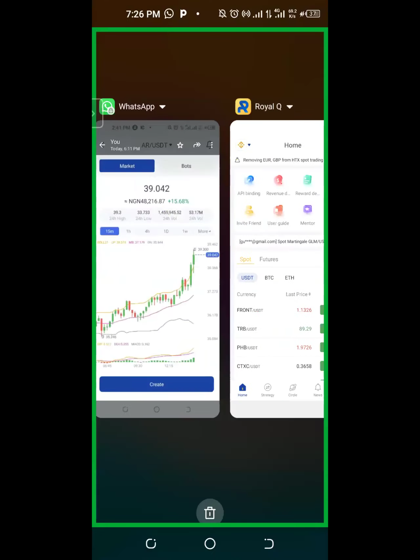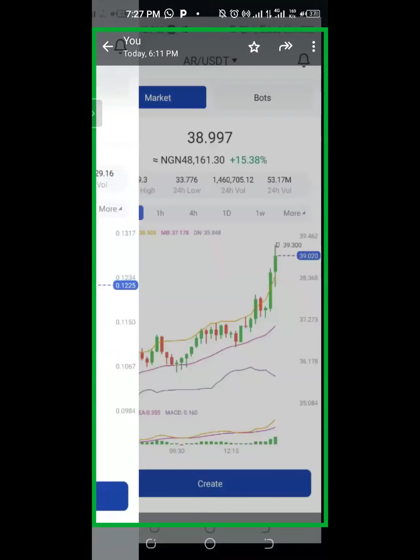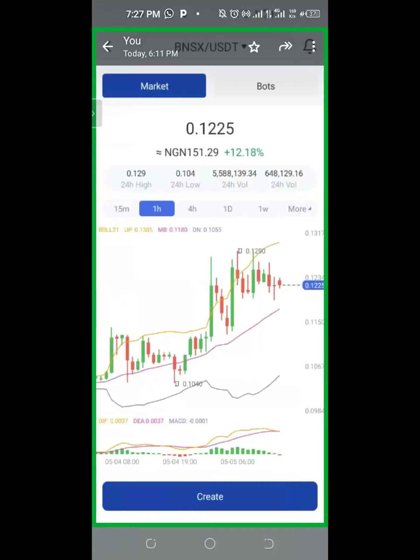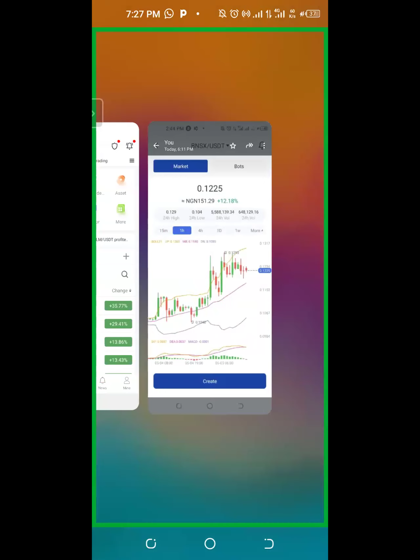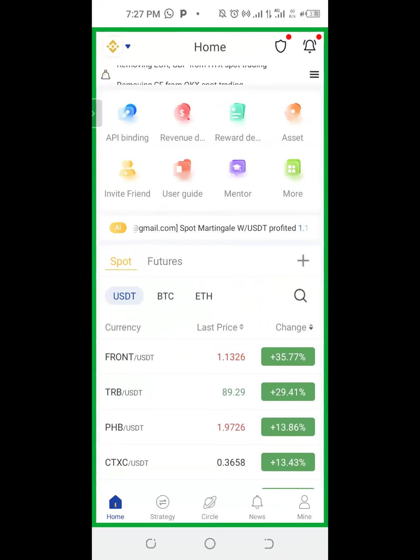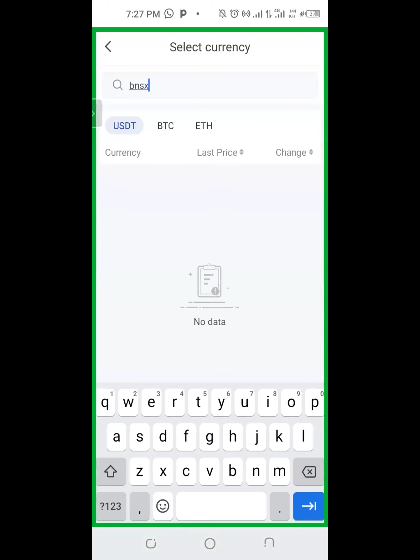I'm going somewhere. I just want to identify some coins. Okay, this AR. This is another coin. BNSX. Let me go back to BNSX.